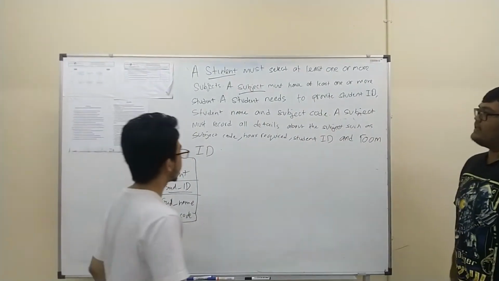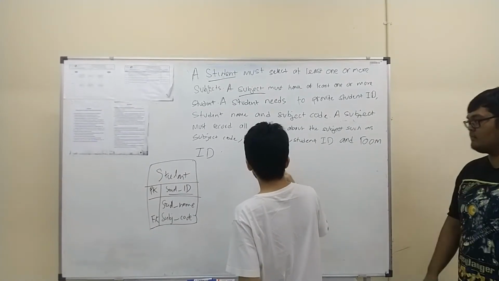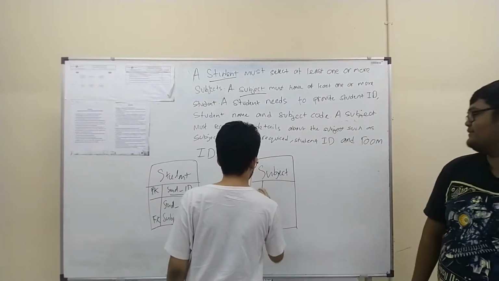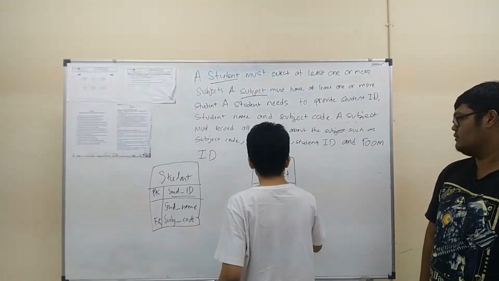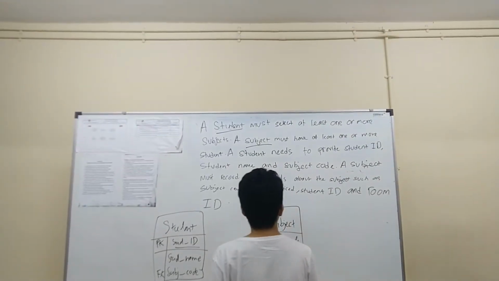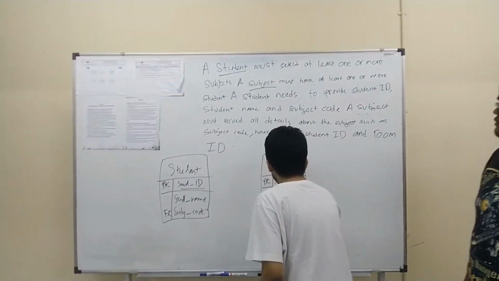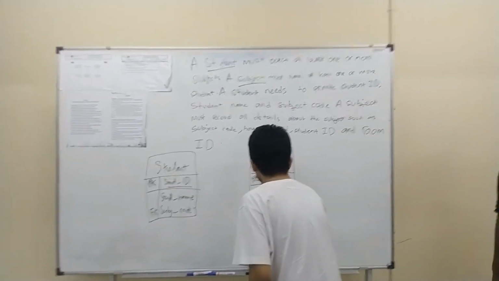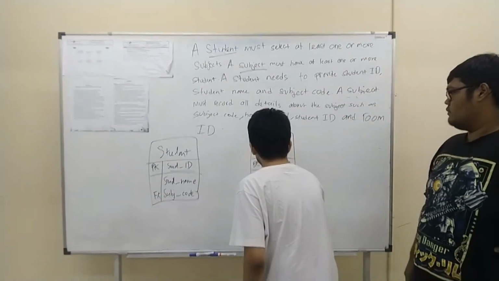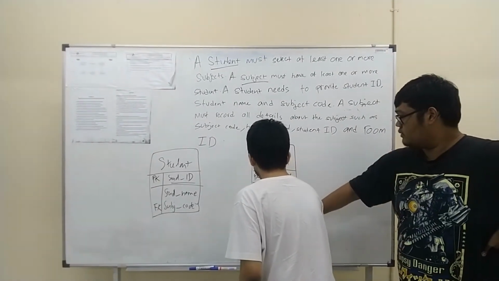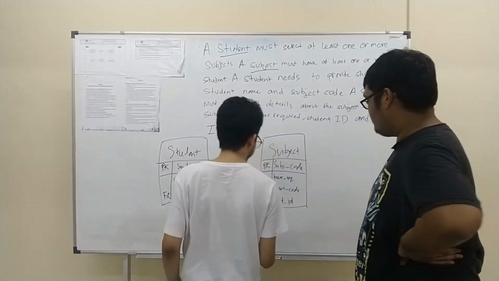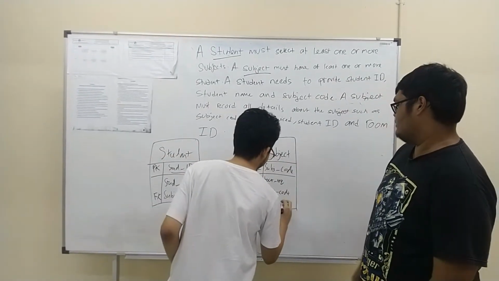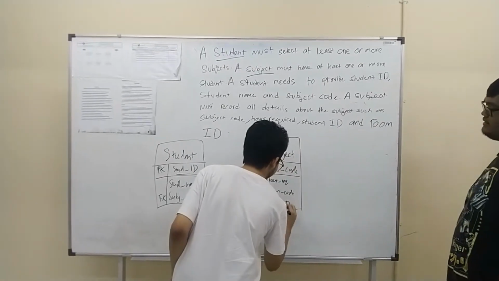After that, we will draw the entity of subject. Here's the subject table, with hours required and the student ID.